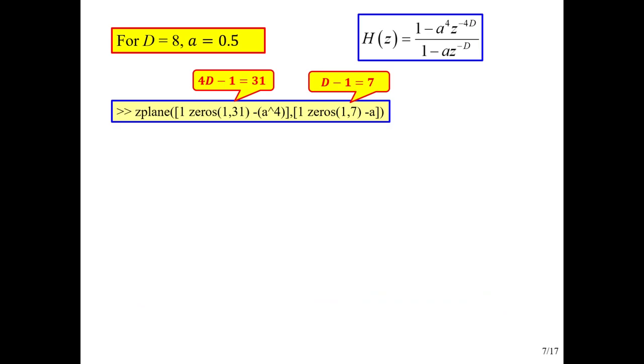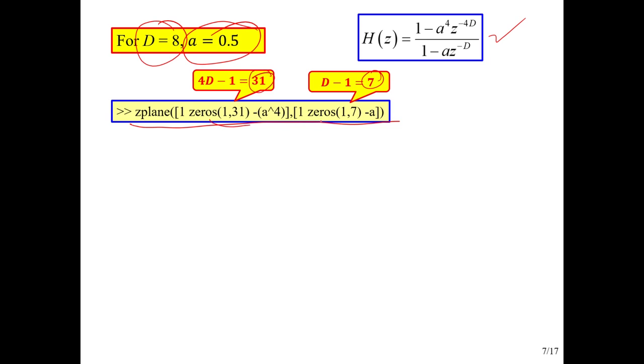And so let's just take a look at this for d equal to 8 and a equal to 0.5. Using this form, we'll see what we end up getting here. And so now I'm going to put this into Z-plane. So I'm going to use d equal to 8, which will give me d minus 1 equal to 7, and 4d minus 1 is 31.